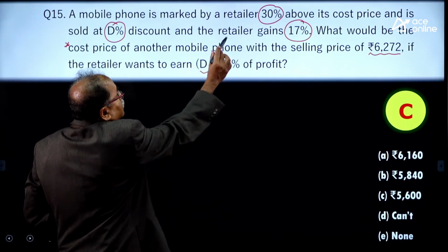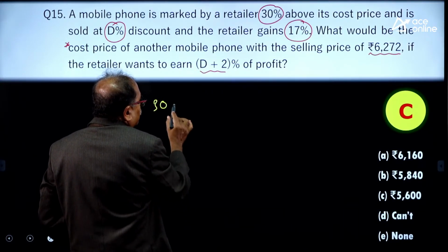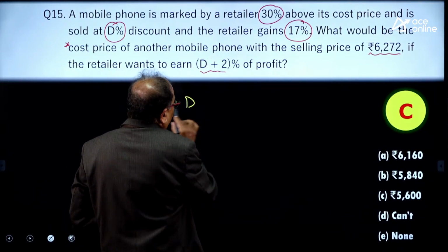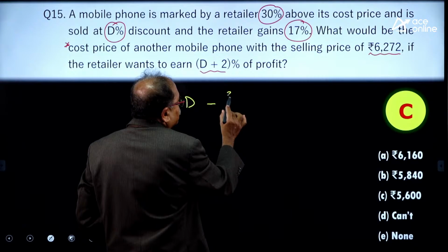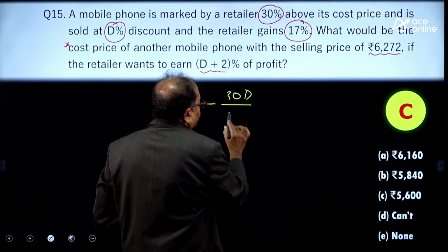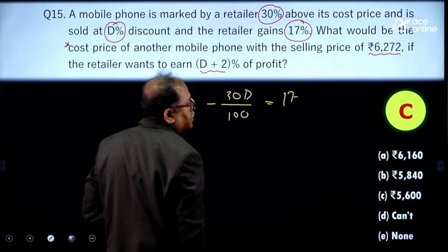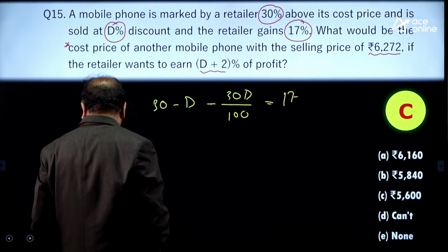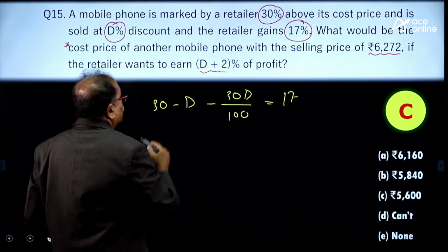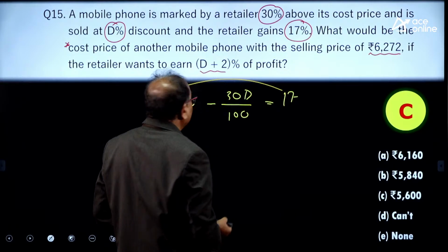So, here markup is 30%, D percentage discount, and minus 30D by 100, and the overall is given, it is 17. Take this value on the other side. So, you are getting minus 13.